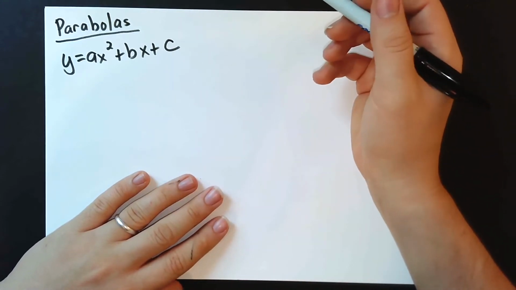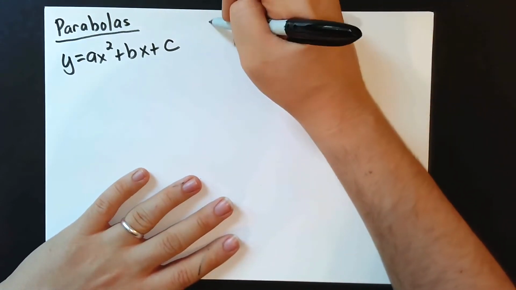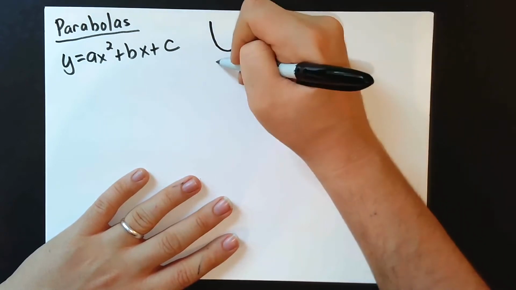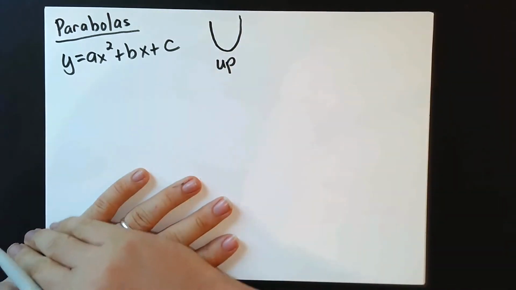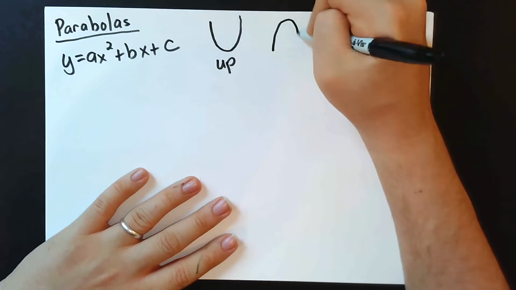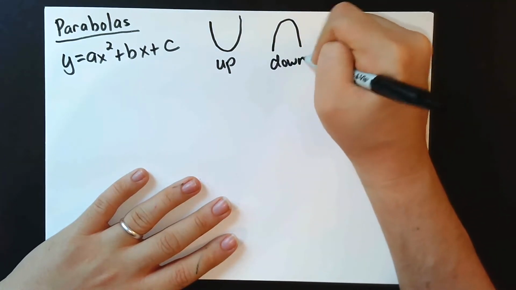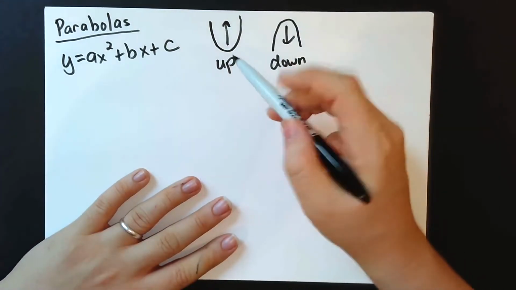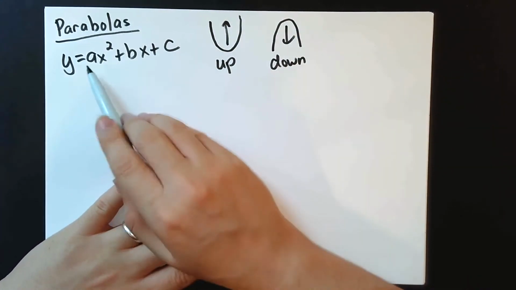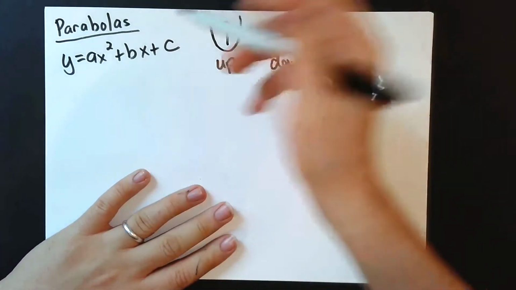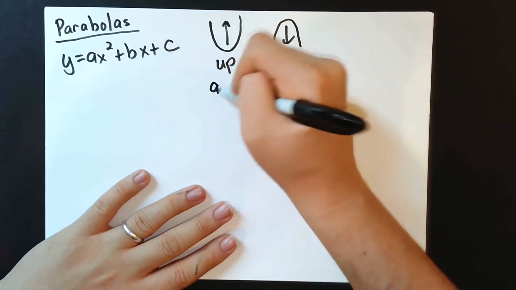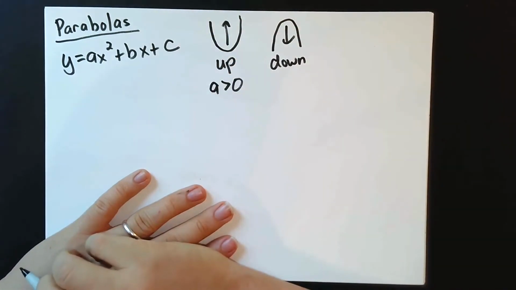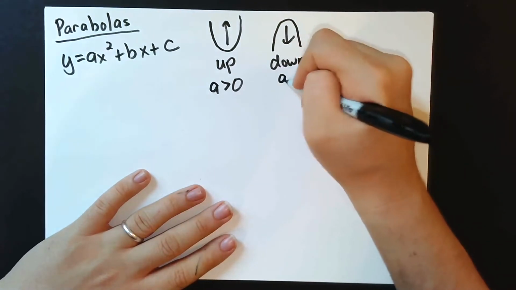So the first is whether the parabola points up, so this is the kind of parabola that I'm going to say points up, or down. And namely, the thing that tells you that is the a. And so it points up if a is bigger than 0, and it points down if a is less than 0.